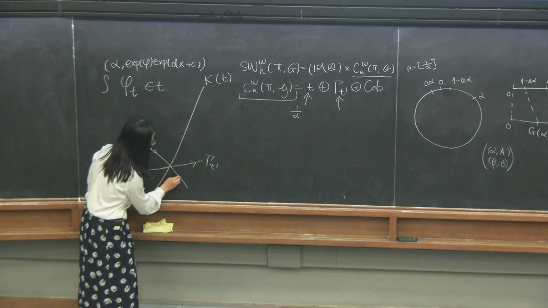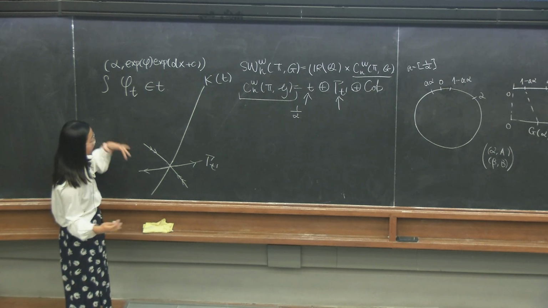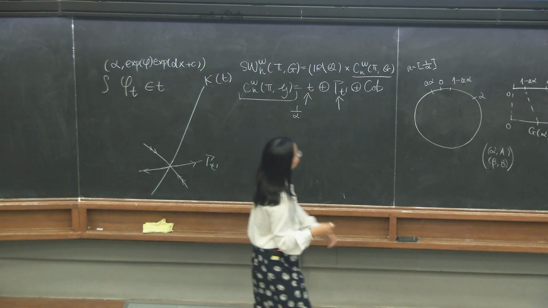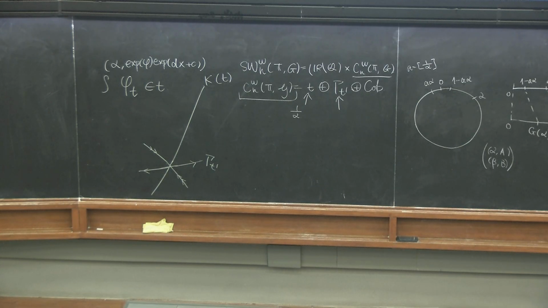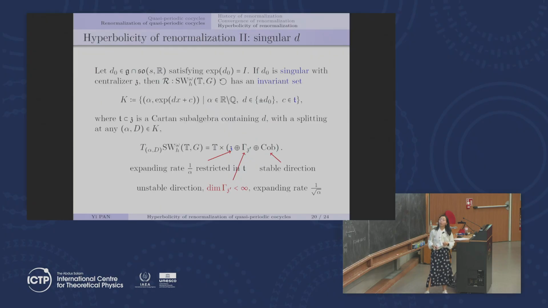The co-boundary is a stable direction. So by the name co-boundary, you already know that those are the ones that conjugate to the model and stay on the stable direction. So when D is regular, we have this very explicit hyperbolic behavior. However, when D is singular, it means the centralizer may be larger than the abelian part.